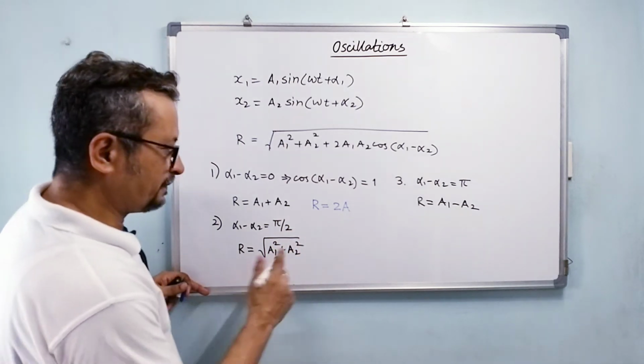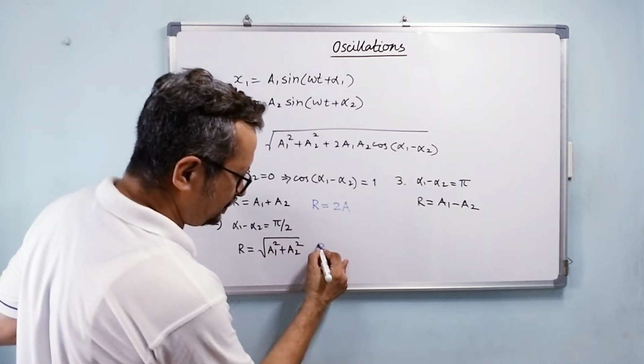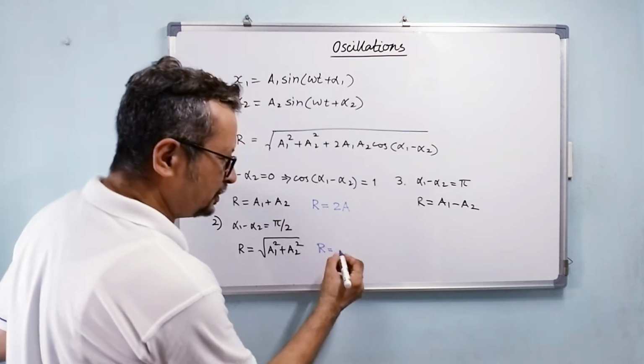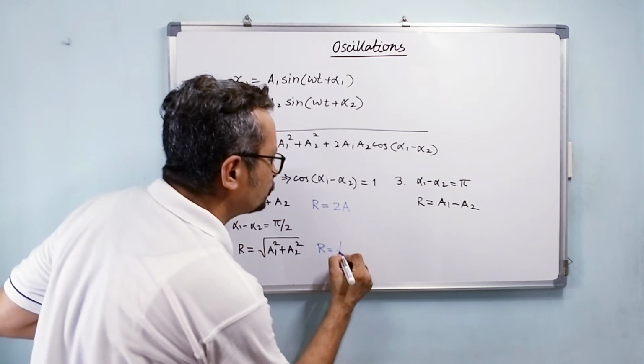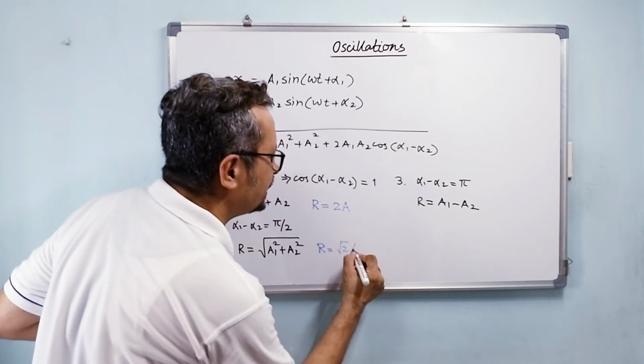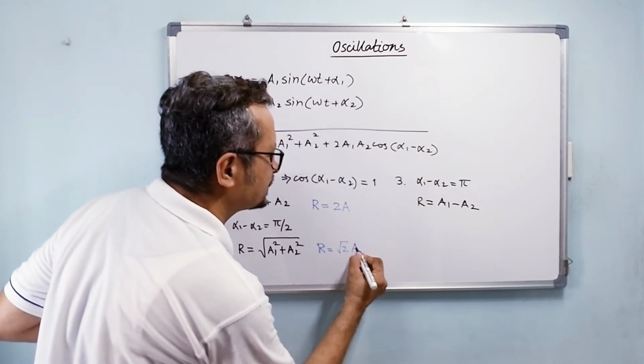In the second case, my r becomes root 2 times a.